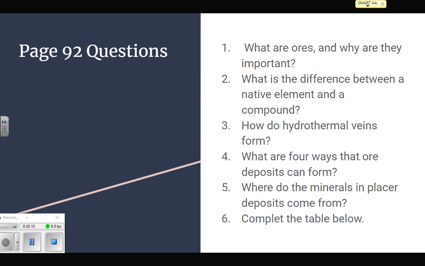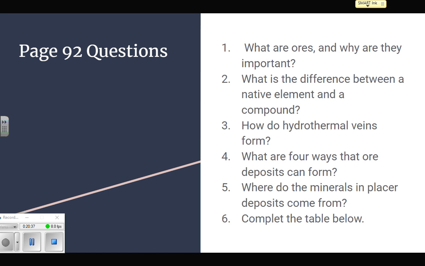Compounds are made of two or more elements.